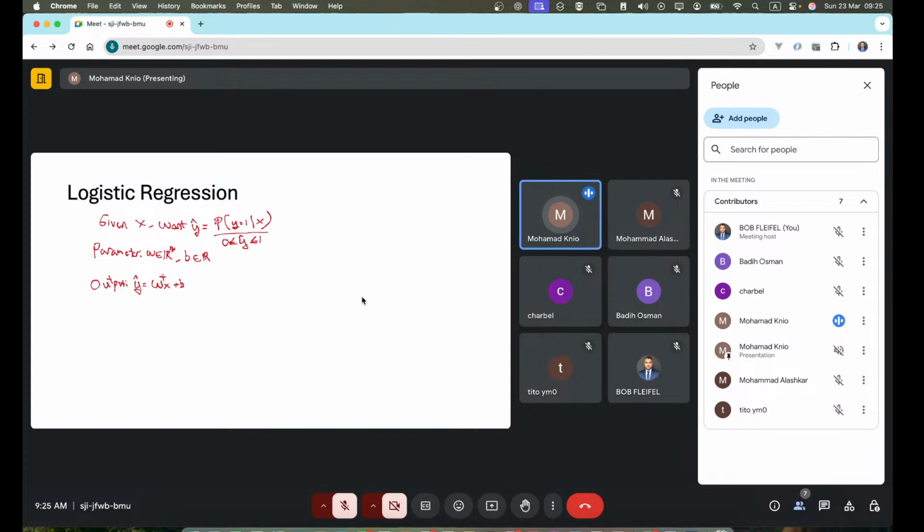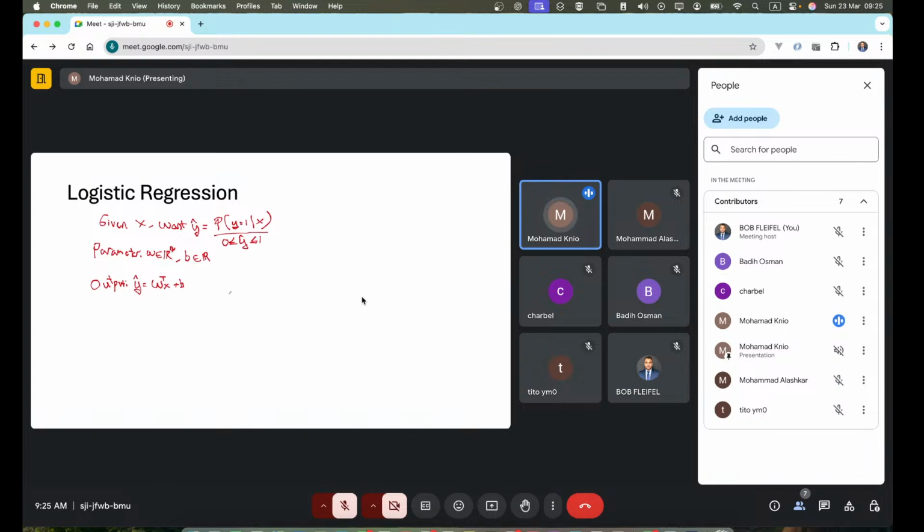To multiply the matrices together, they have to have m as the common inside dimension, and that's why we always transpose it. So this is not a very good algorithm, because we want y hat to be between 0 and 1.